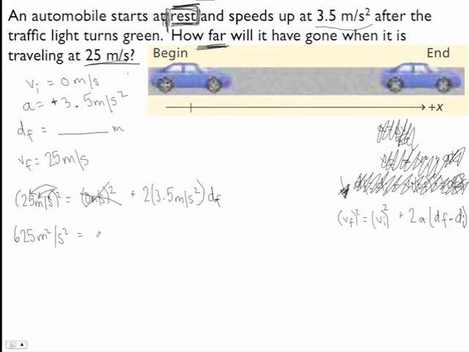And then we have 2 times 3.5, which is 7 meters per second squared, times your distance. I'm going to put it in parentheses so it doesn't get mixed up. Okay, so we need distance by himself. So I'm going to divide both sides by 7 meters per second squared.